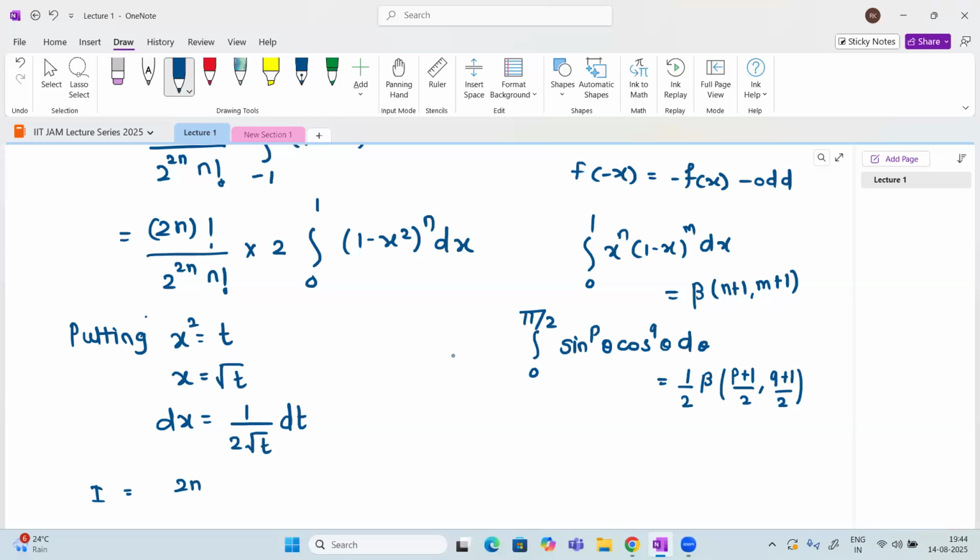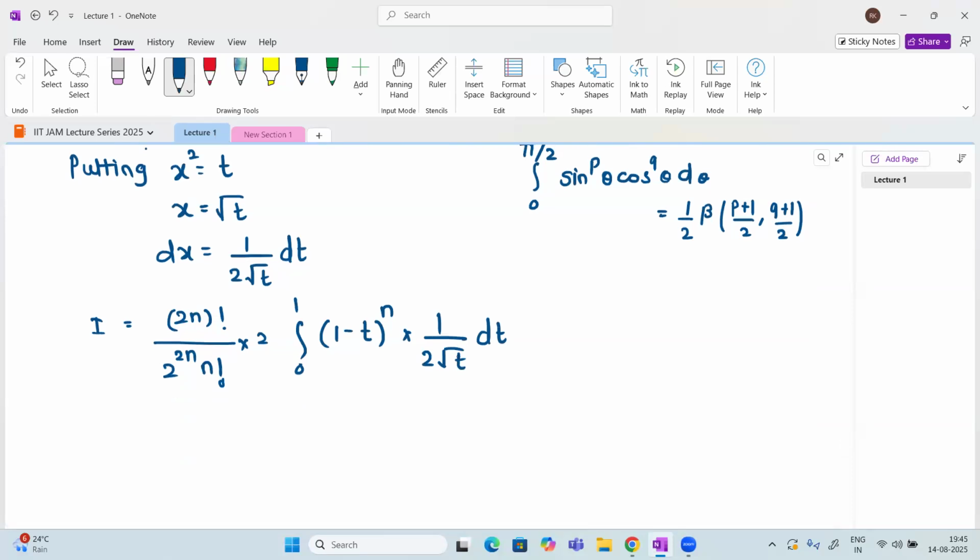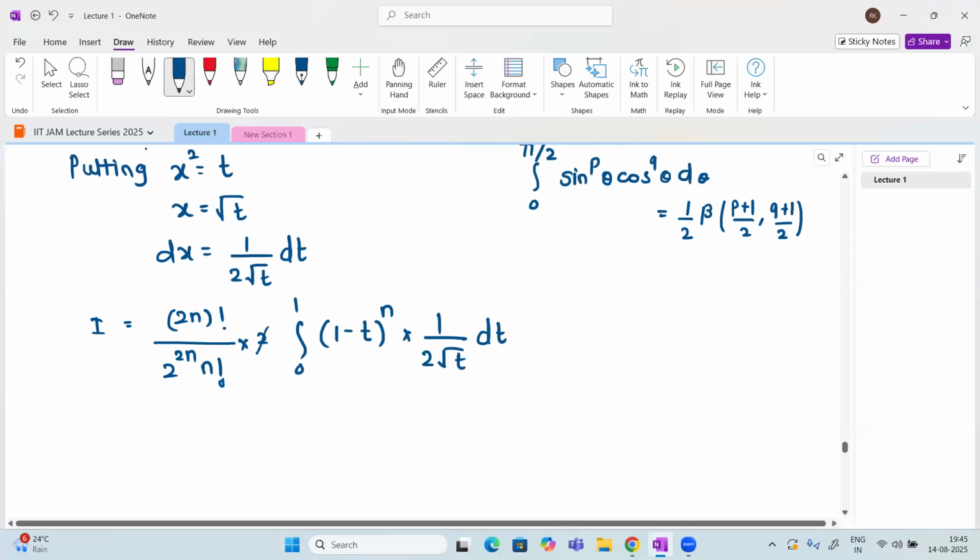That's why I will not waste my time on that. I'm directly writing, since the limits will be the same: 2 raised to 2n factorial into 2, integral from 0 to 1 of 1 minus t raised to n, and dx is 1 by 2 root t dt, right? So this 2 and this 2 will get cancelled.